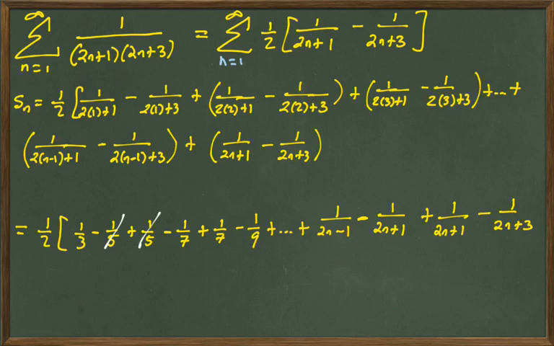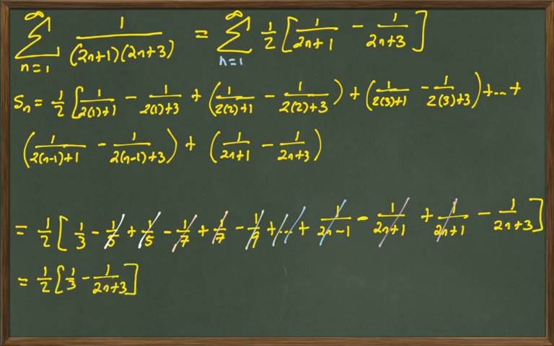So the 1/5 cancels, and the 1/7 cancels. 1/9 would cancel with the next term. 1 over 2n minus 1 would cancel with the previous term. 1 over 2n plus 1 cancels. And let's fix our syntax error right here. All right, and so we got 1/2 times 1/3 minus 1 over 2n plus 3.